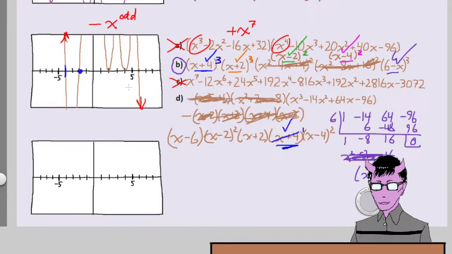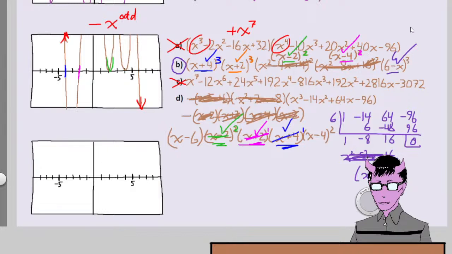And then checking the positive 2, odd multiplicity, so that's going to be strike through, yes, consistent. Checking right here, that's an even multiplicity, and we call that a green. We have an even multiplicity at positive 2, which is consistent with this parabolic motif right there. So that's good.